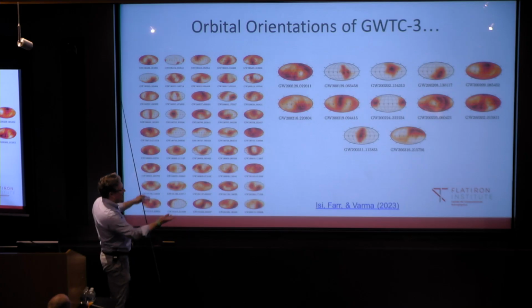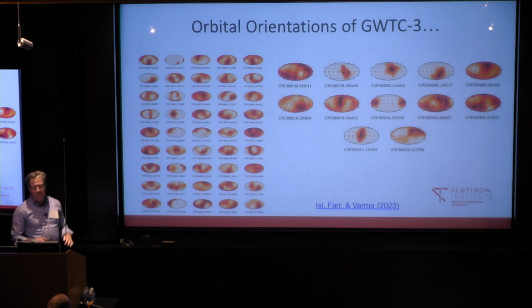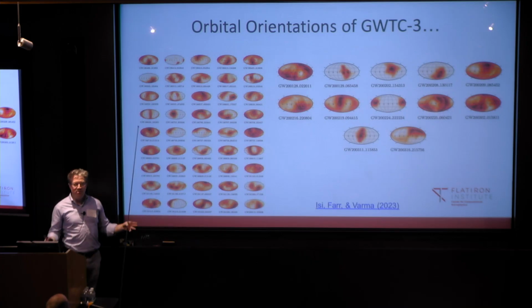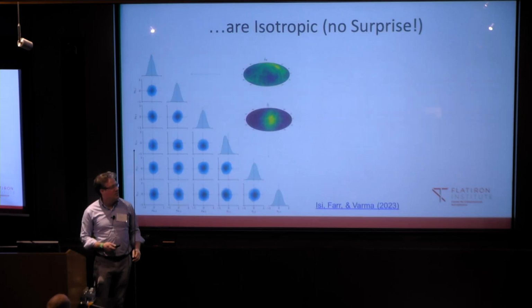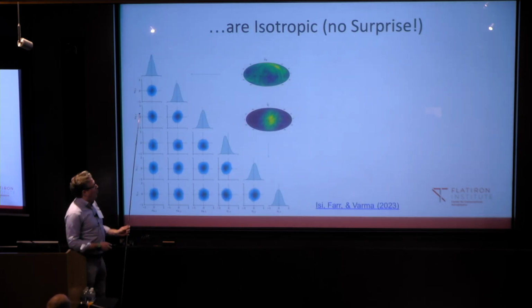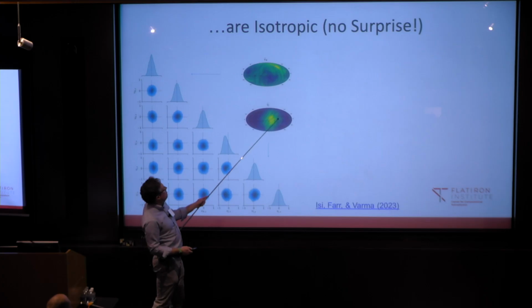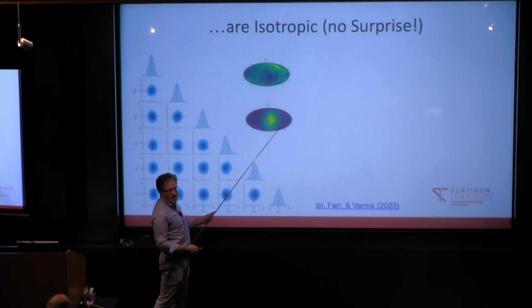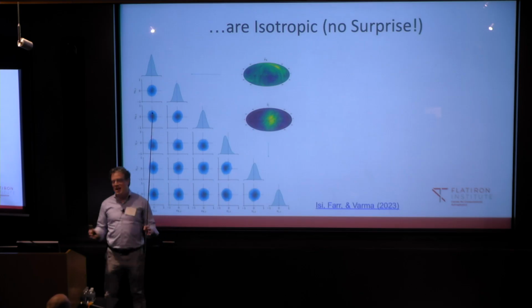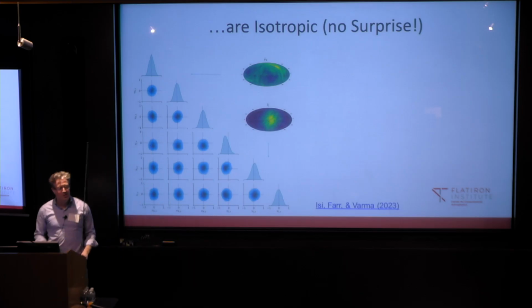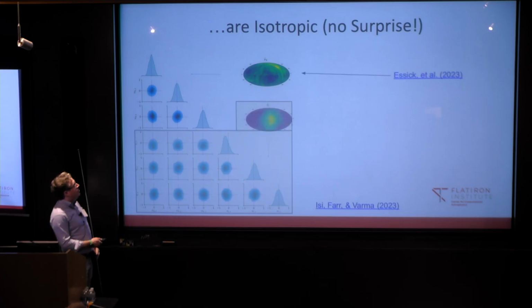You can stack all of these together into a heat map, basically, and ask, is there a preferred direction for the orientations of these black hole orbits? And the answer is no. There is a hot spot, but it is consistent with statistical fluctuations. It's perfectly consistent. Our black holes are oriented isotropically. Newsflash, I'm sure you're shocked.